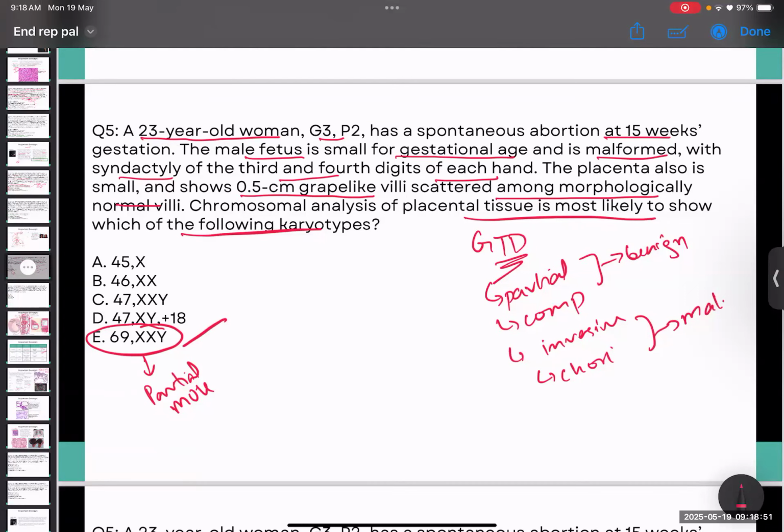So if you know that the fetal parts are present, you can easily narrow down your diagnosis to partial mole in most scenarios. And again, they also mentioned that the villi were focally hydropic rather than diffusely hydropic, because it was among morphologically normal villi. Okay, so that's how you do it.